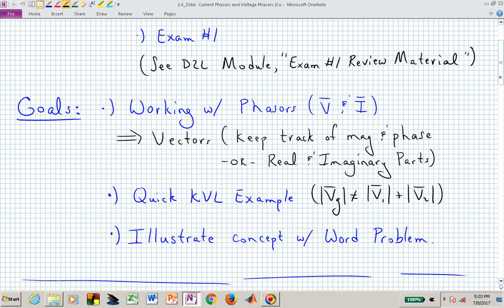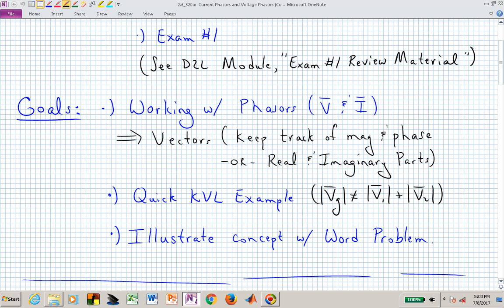What I want to talk about today is a generalization really of KVL and KCL when we're working with phasors. When we're working with phasors, we have to keep track of the real parts and the imaginary parts, or really the magnitudes and angles.